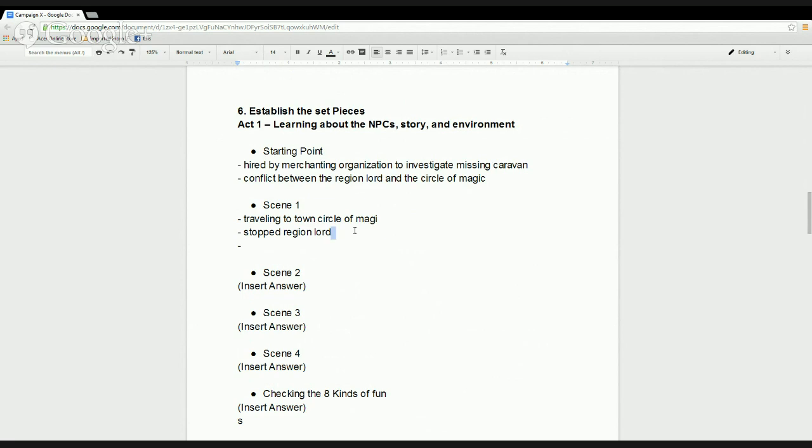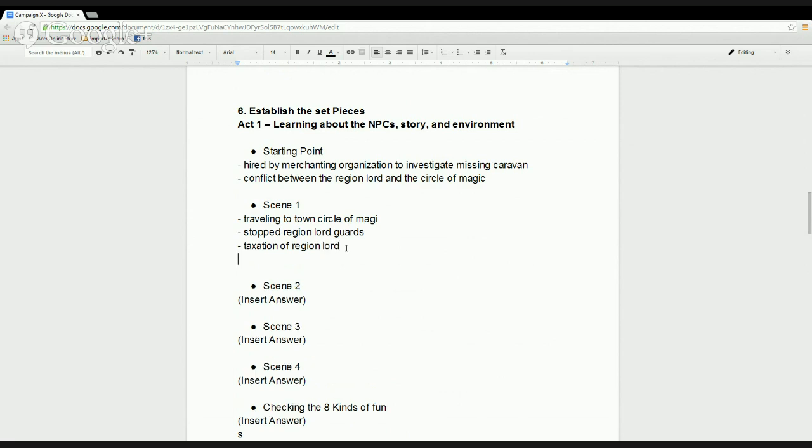So we want to have them stopped by the region lord's guards, and then reveal to them the taxation of the region lord. We want to show them the conflict between the two, and it will immediately establish our base of precedent.